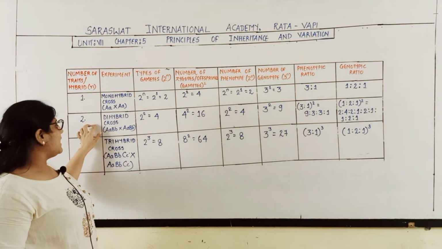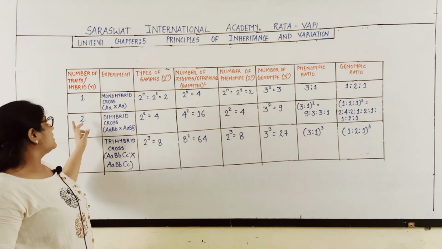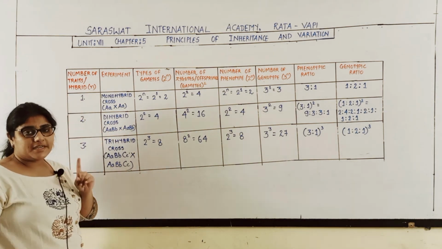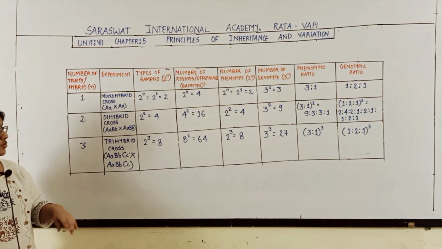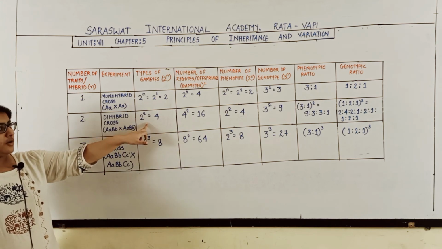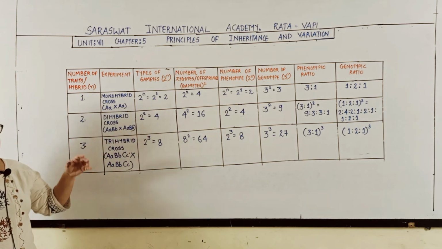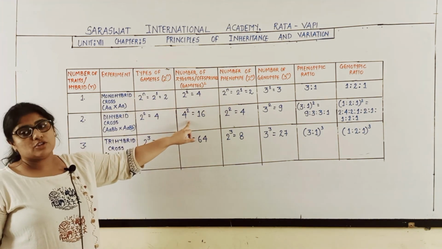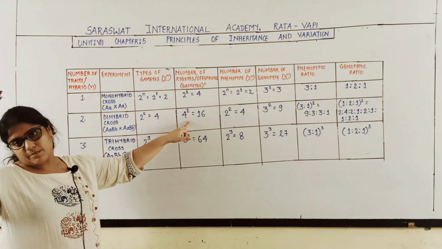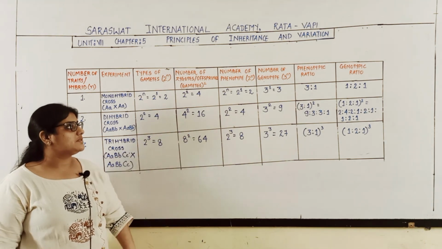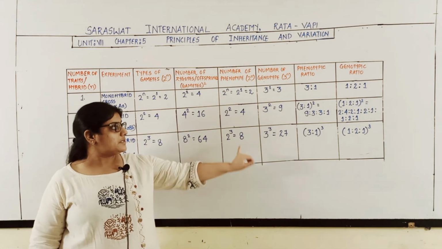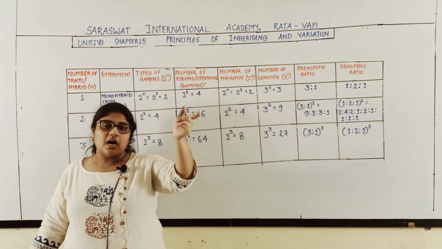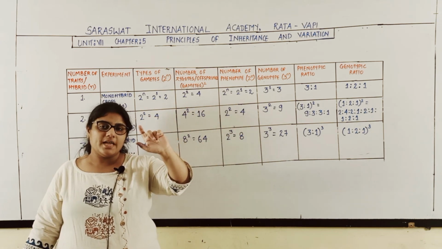Now students, a dihybrid cross, that is the number of characters studied at a time is 2. Types of gametes formed, 2 squared, 4. Remember your dihybrid experiment. Number of zygotes or offsprings, 16. When we obtained the Punnett square, 16 offsprings were there. How many phenotypes were there? 4. Round yellow, right?